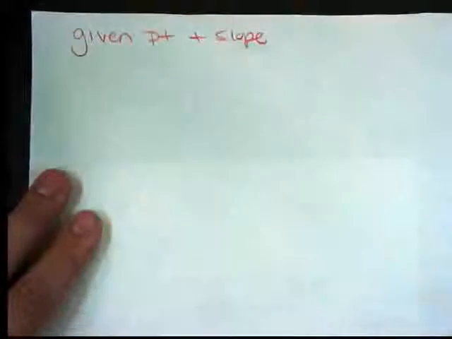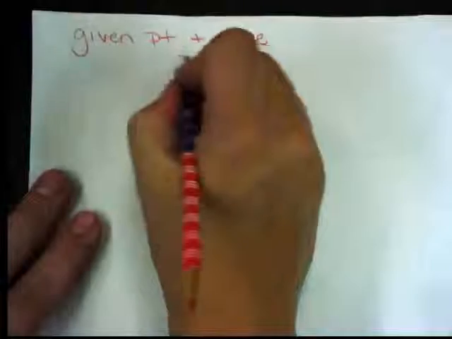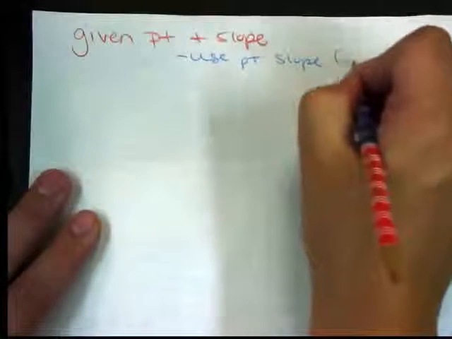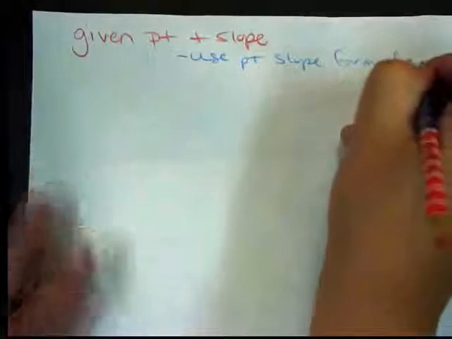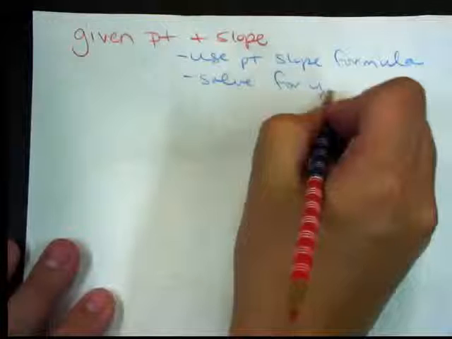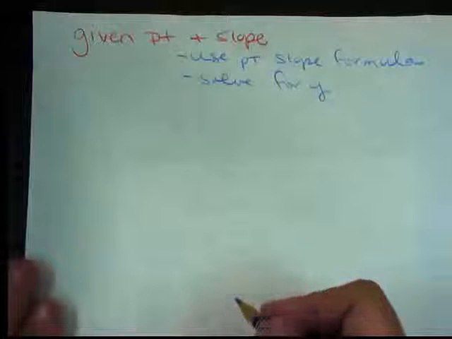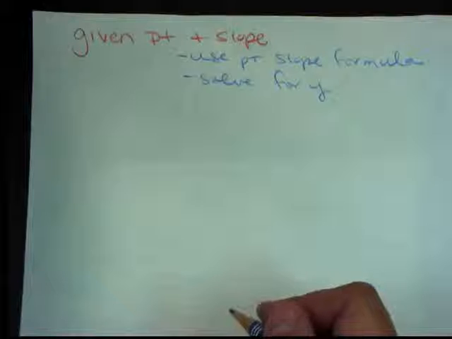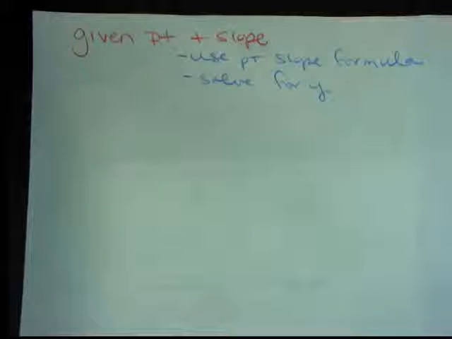So given the point and a slope, we're going to use the point-slope formula and solve for y. All right, well, the point-slope formula, we've used it in the past, but in case we don't quite remember what that is, let's take a look.